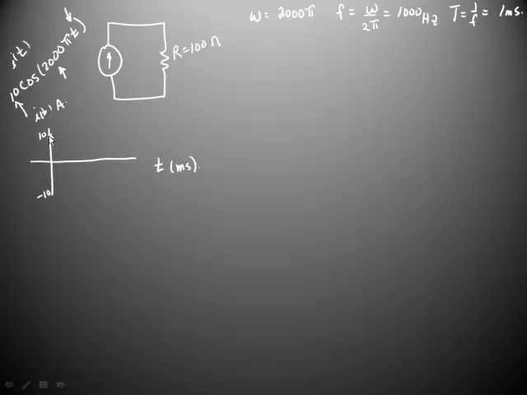There's no phase shift, so we're going to start at the peak value, go through 0, hit our inverse peak, back through 0 again, and back to the peak value, and it's going to do all of that in 1 millisecond. We can go ahead and draw our waveform.